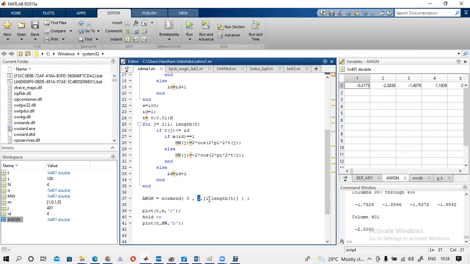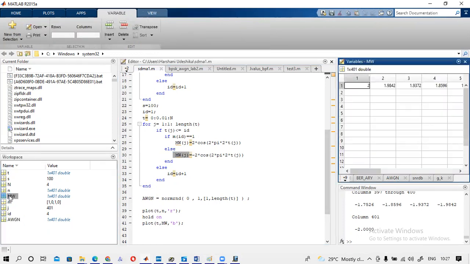Here we have generated numbers of length t, so we will have 401 values. The modulated signal MW is also an array, and it also has 401 values. That is why I generated 400 values here.